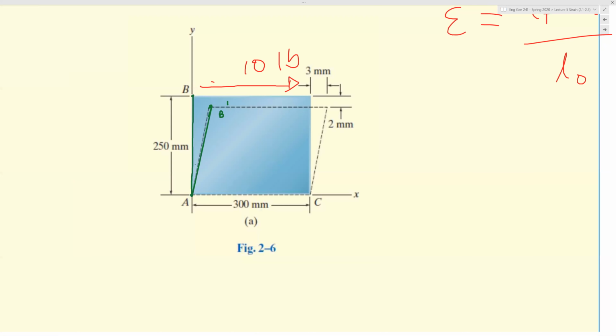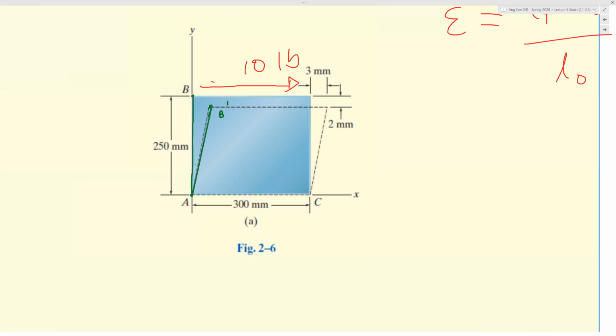If it maintains its shape. But remember, materials can compress or stretch. So most likely it's going to be shorter. So we expect the strain is going to be negative, right? It's going to change its length negatively. And the final length is going to be less than 250, okay?